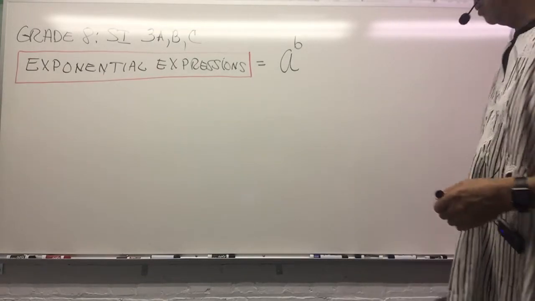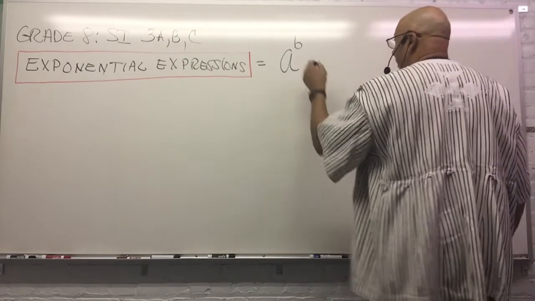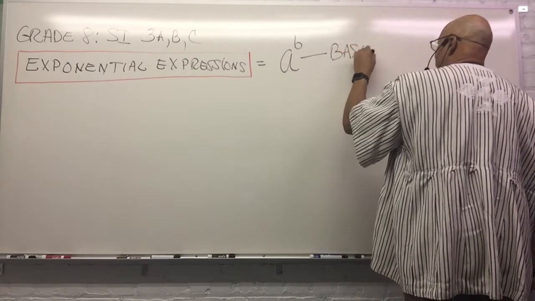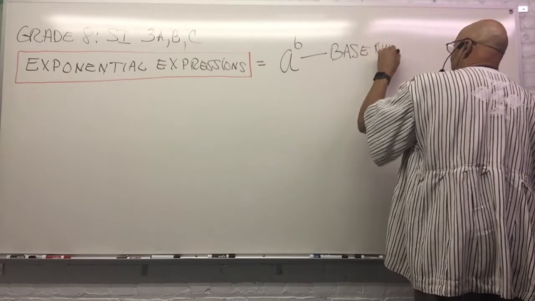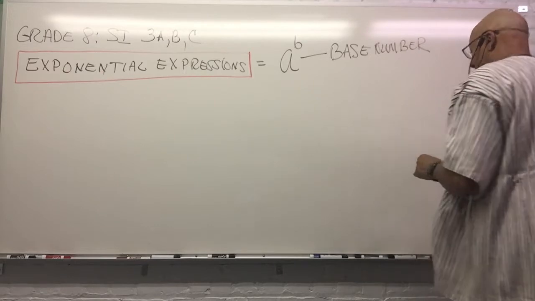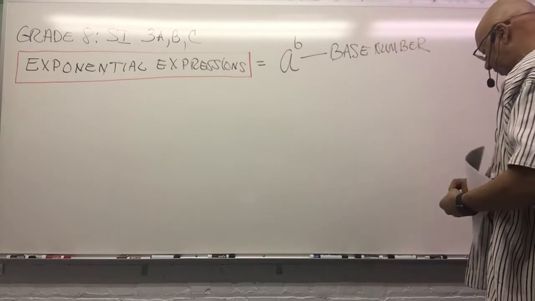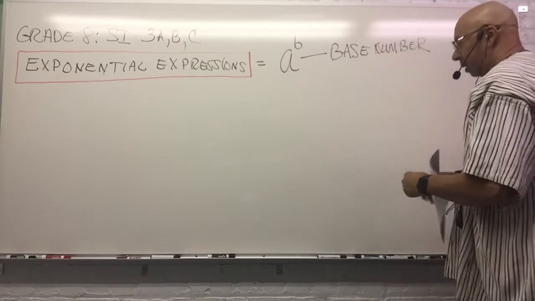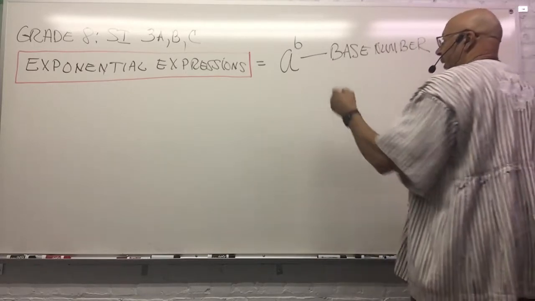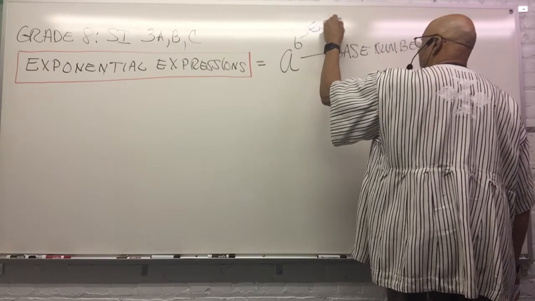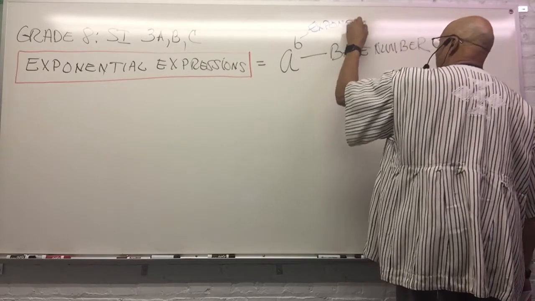But A to the B, where A is the base number, B-A-S-E number. You should write these things down for yourself. That's the base number, and the B is the exponent. E-X-P-O-N-E-N-T.